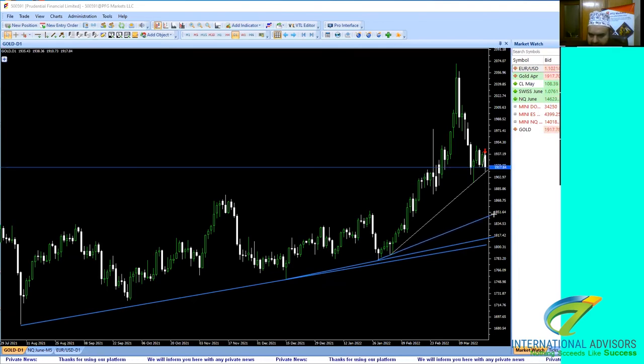What is my point? That is how we draw this line. Finally, we took this point and then we drew from this point. This is the initiating point, the next candle is the confirming point.